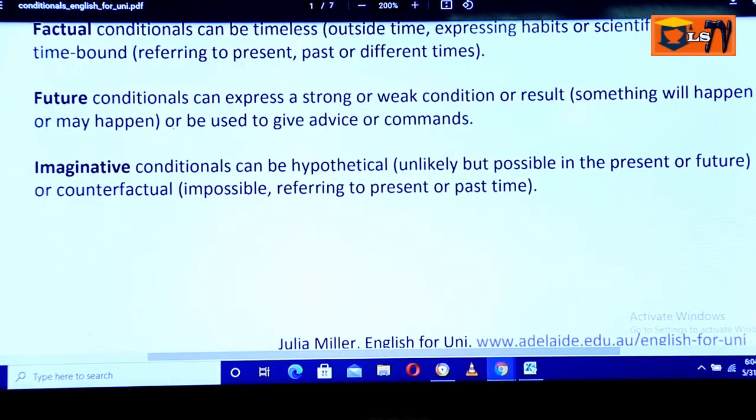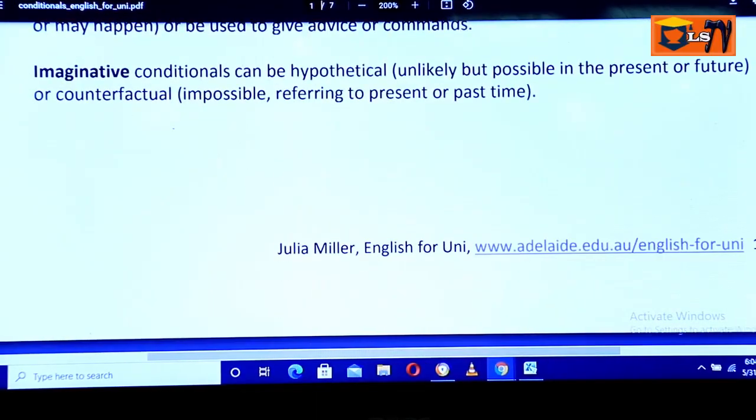Future conditionals can express a strong or weak condition or result: something will happen or may happen, or be used to give advice or commands. Let us look at imaginative conditionals. They can be hypothetical, that means unlikely but possible in the present or future, or counterfactual, that is impossible, referring to present or past time. Now, this is the end of conditionals.